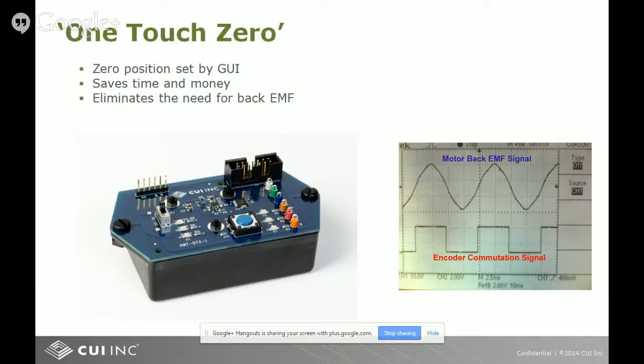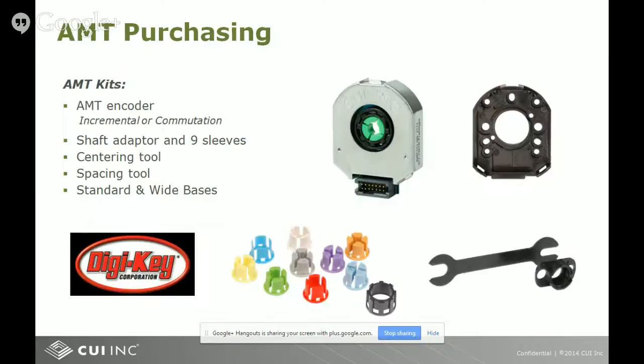The One Touch Zero is something where you can either do it through the GUI or with our One Touch Zero board, and really with the push of one button you align the encoder correctly with the windings on the brushless DC motor. It eliminates the need for a back EMF process, and can pull significant time out of the manufacturing and assembly process when putting this onto a motor.